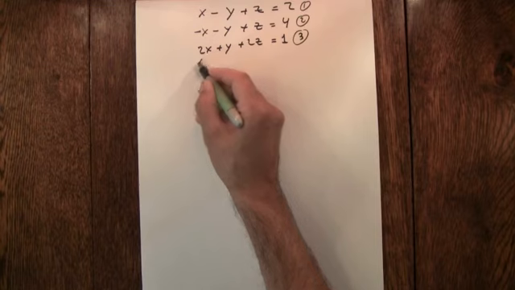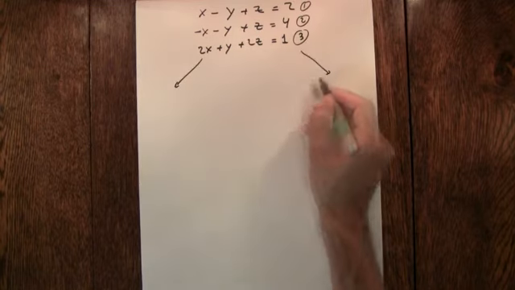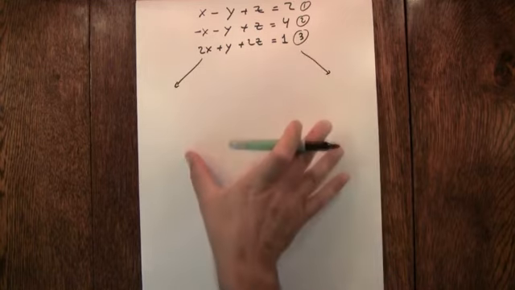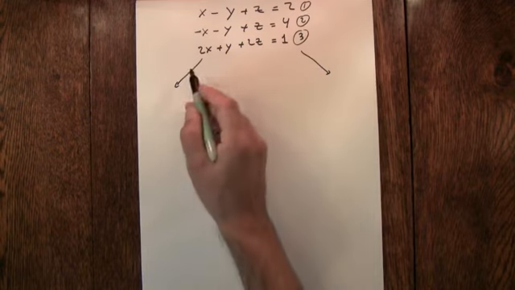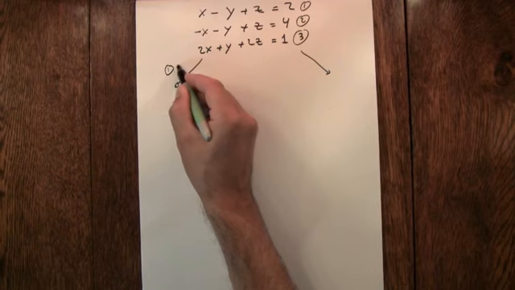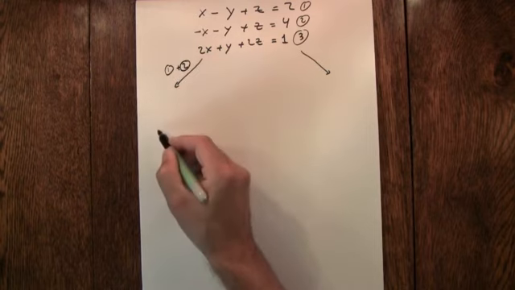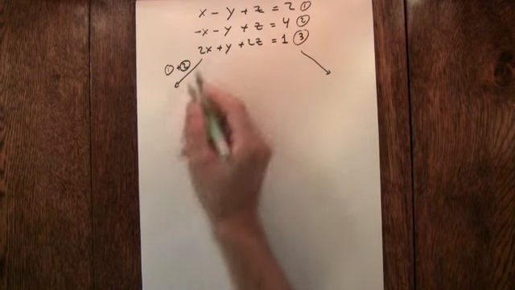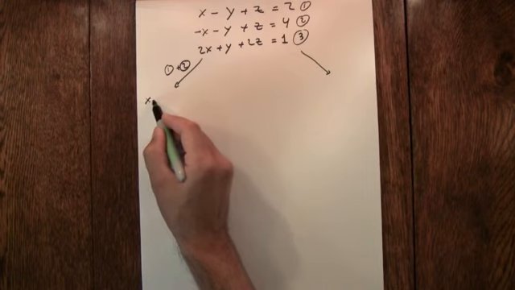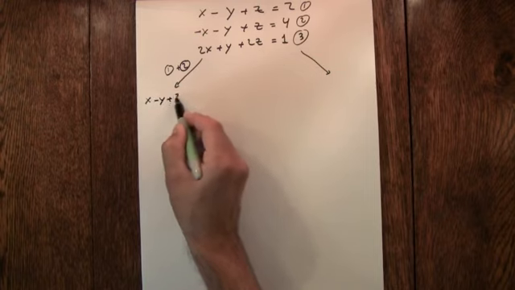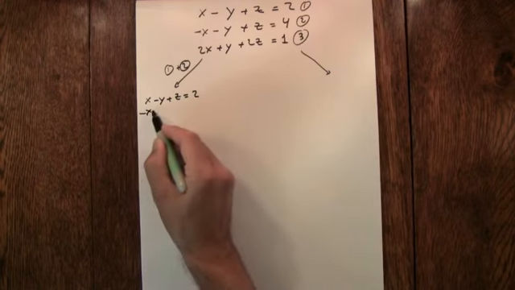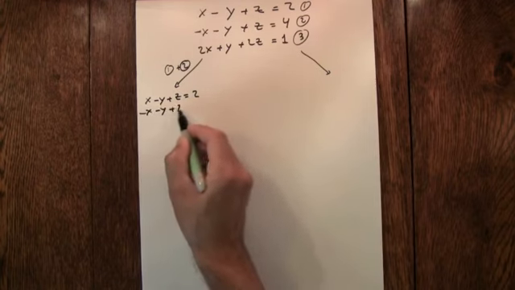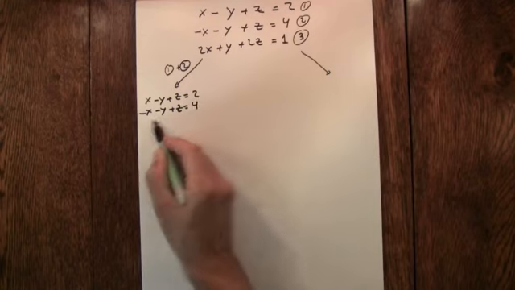So first thing we're going to do is generate two new equations, right? So what I'm going to do is add equation 1 plus equation 2. Okay. So if I end up adding these, I'm going to rewrite these. x minus y plus z is equal to 2, and negative x minus y plus z is equal to 4.